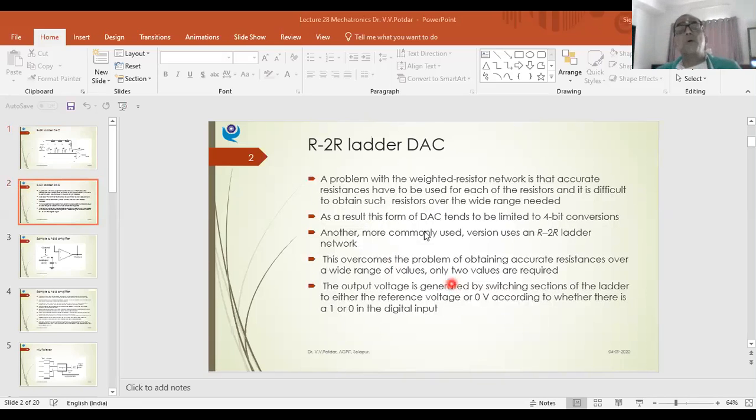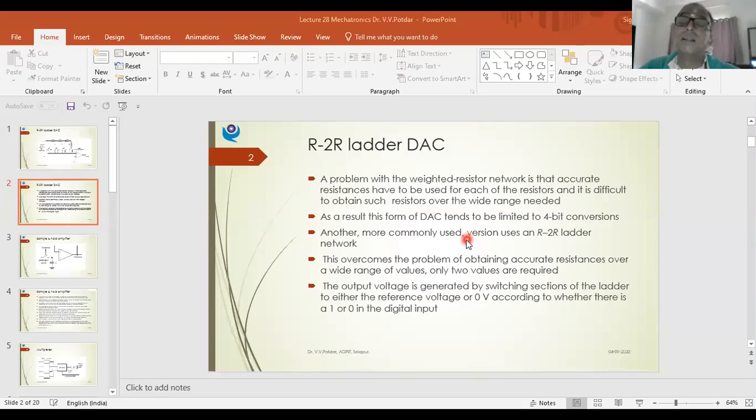So this is how both these D to A converters can be used for digital to analog signal conversion. Remember, we are in the chapter of signal conversion. It is a bit of a prolonged chapter, with so many electronic circuits to study and remember. We'll move further to analog to digital conversion.